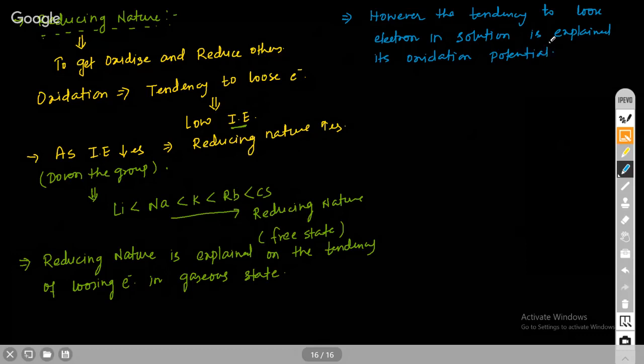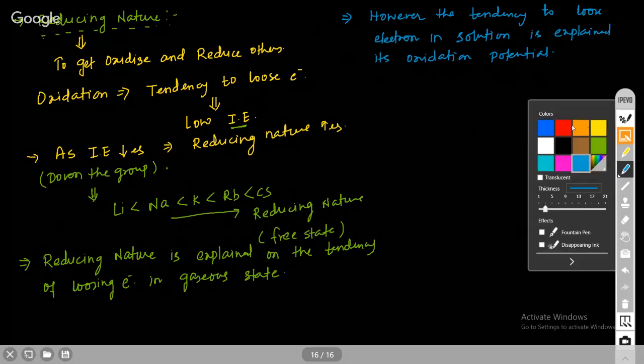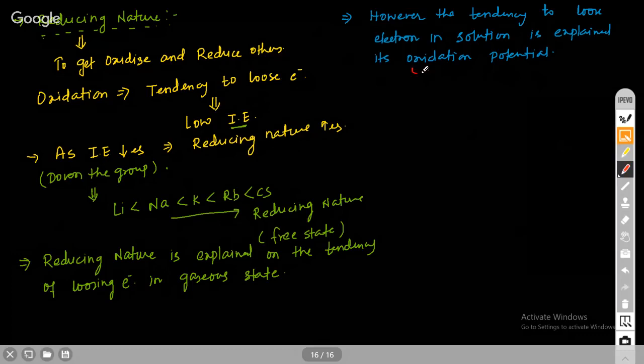Oxidation potential. And this oxidation potential, I'll write down like this. This oxidation potential depends upon the hydration energy. Hydration energy.